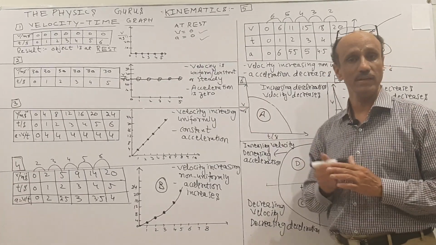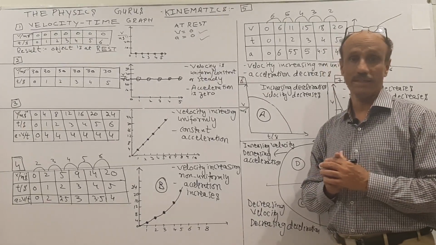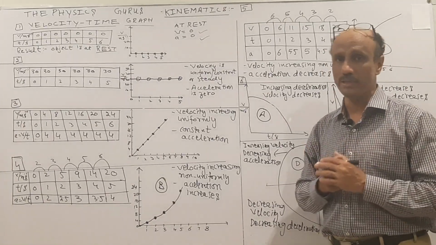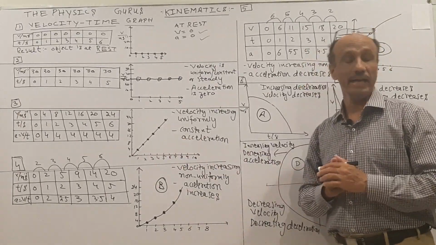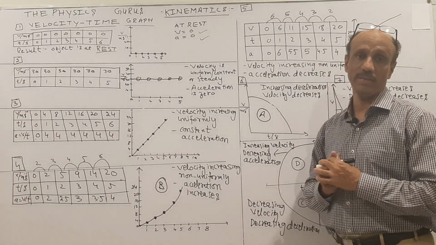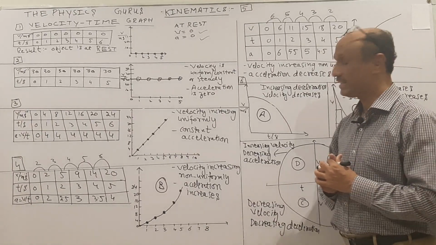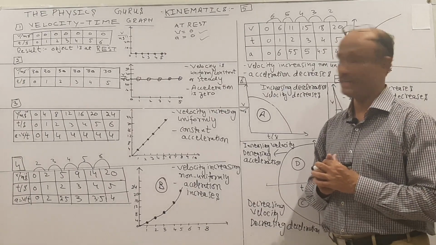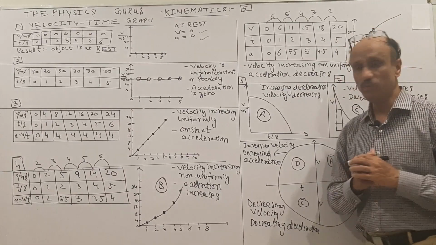I have calculated that value for simplicity. In the beginning the object was at rest, so obviously the graph will start from the origin, as you can see, and then the graph will be a straight line. It represents that the acceleration is constant because the slope is constant, the gradient is constant.